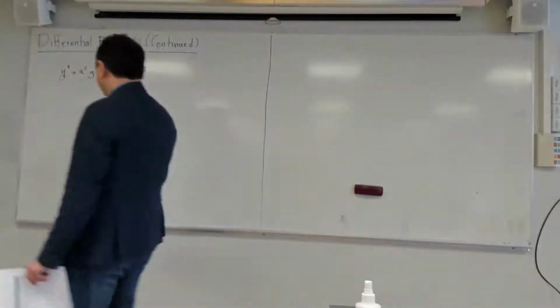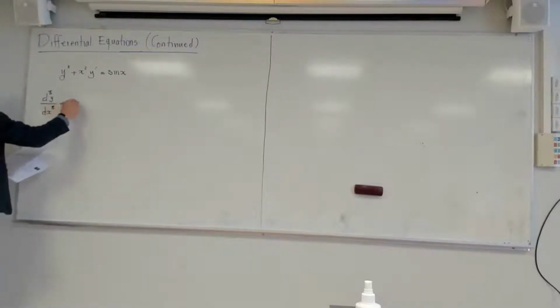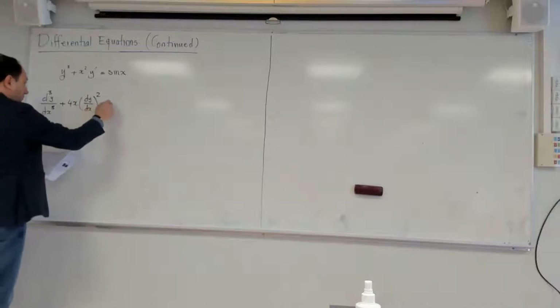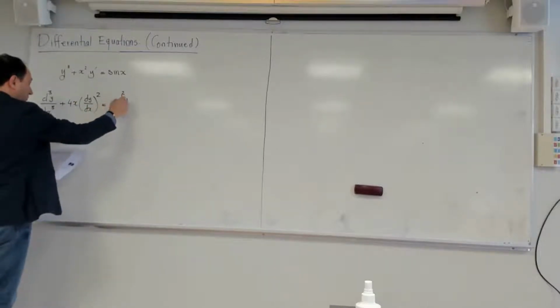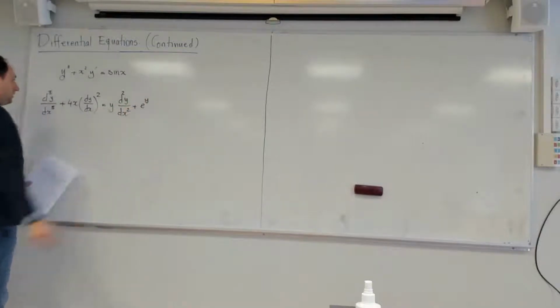Sometimes differential equations are written in Leibniz notation. So, for example, d^3y over dx^3. Do you remember? This is another way of writing the third derivative. And then you have, for example, plus 4x times (dy/dx) to the power of 2, equal to dy times d^2y/dx^2, and, I don't know, for example, e to the power of y.